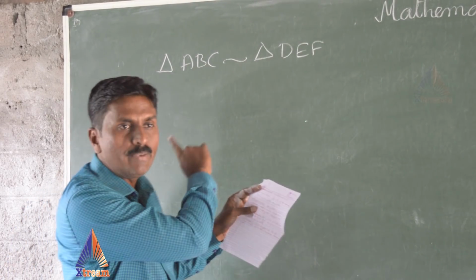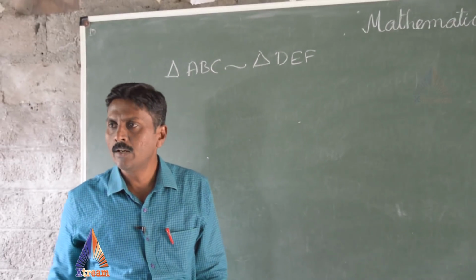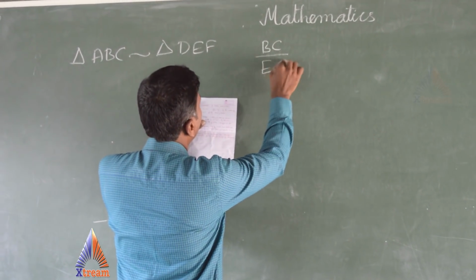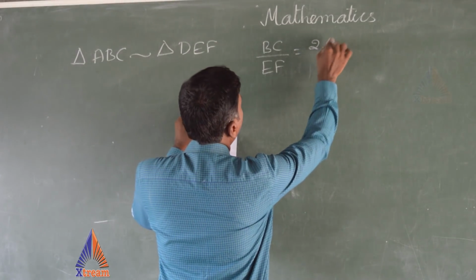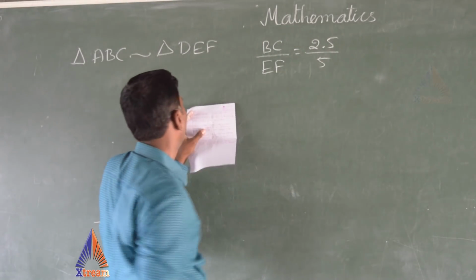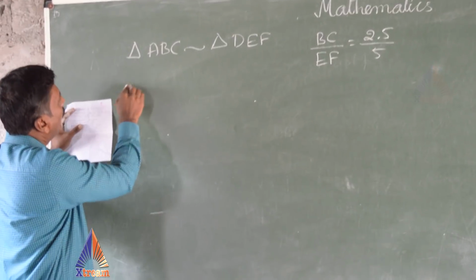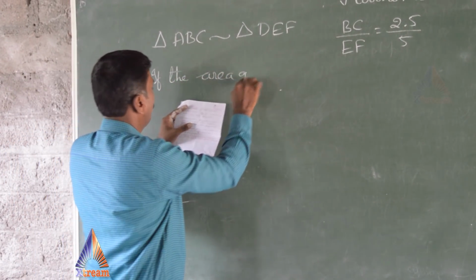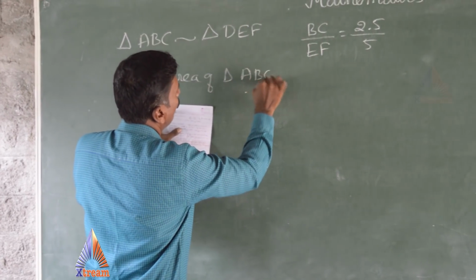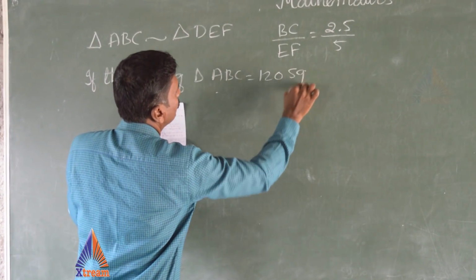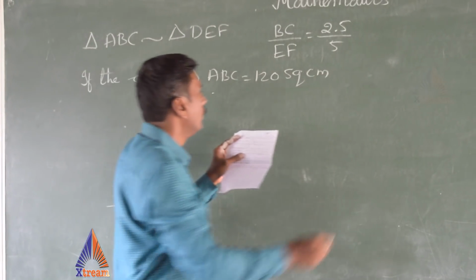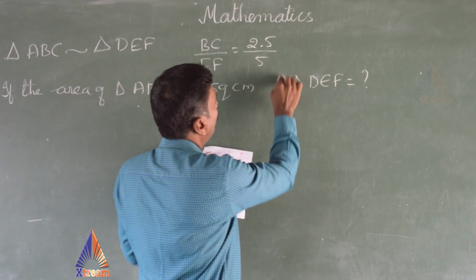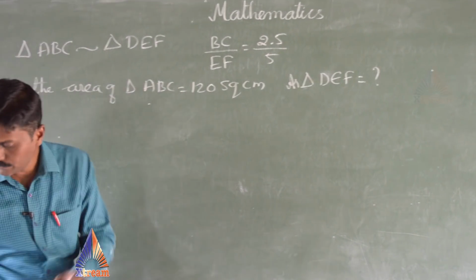Okay, that means ABC and DEF are similar triangles, and the ratio of corresponding sides is 2.5:5. Okay, and the area of triangle ABC is 120 square centimeters. Find the area of DEF. You have to find the area of DEF.